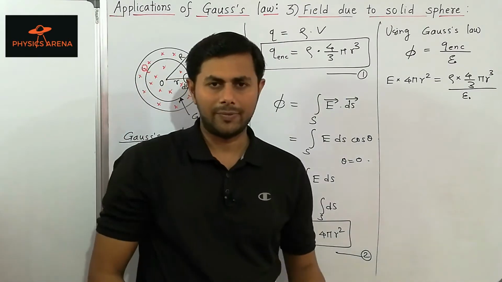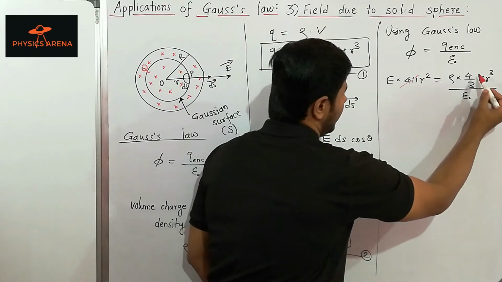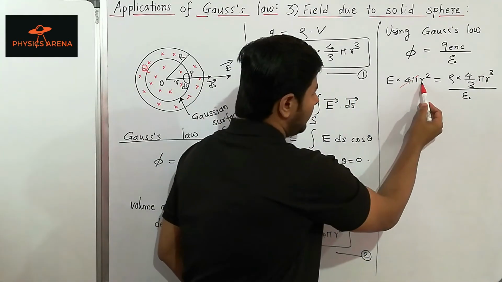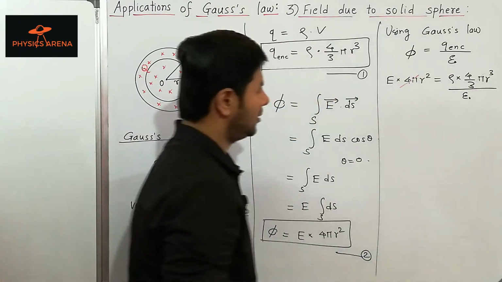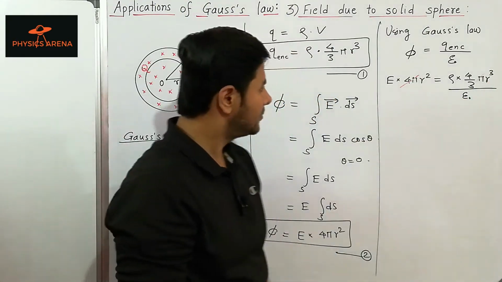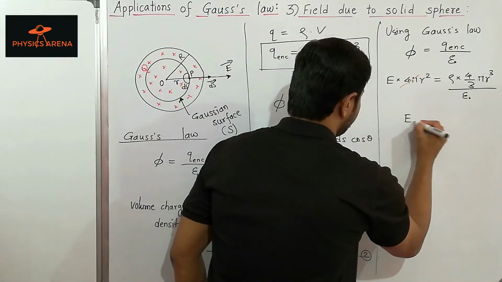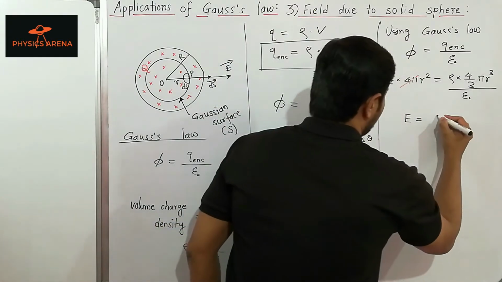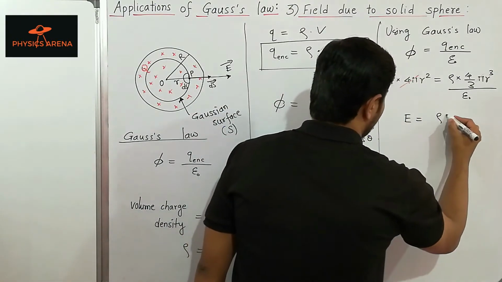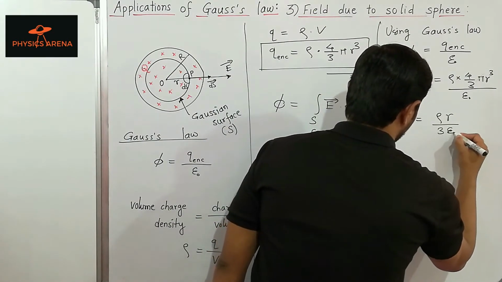Now we have some cancellations here. 4 pi and this 4 pi get cancelled out, r square gets cancelled out, and one r will be left there. So we have E equal to rho multiplied by r divided by 3 epsilon naught.